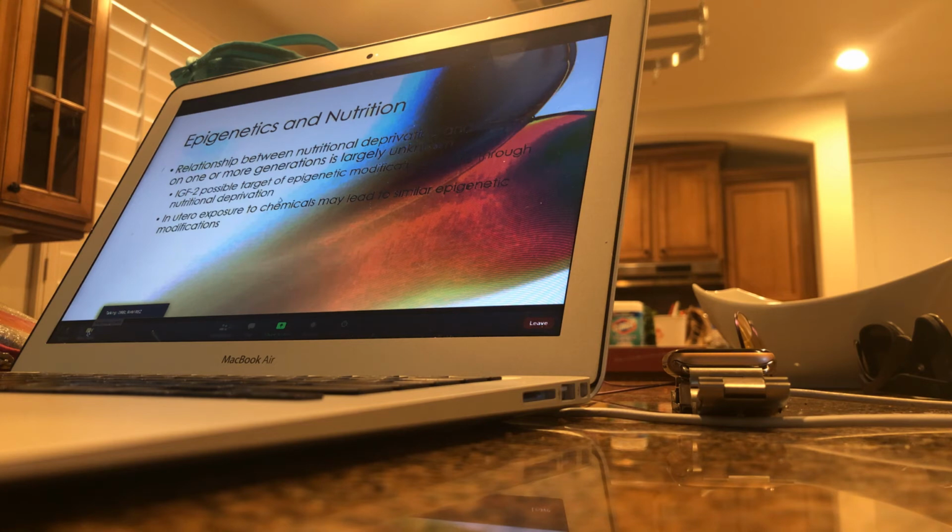As far as epigenetics and nutrition, there is a relationship between nutrition deprivation and disease. I think you guys would probably note this widely with all types of patients that you might have interacted with at one point.